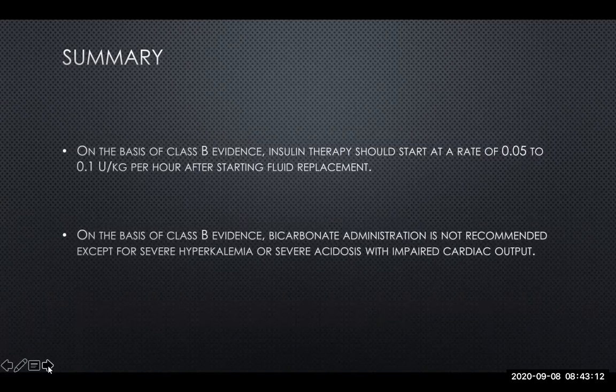In Class B, insulin therapy should start at a rate of 0.05 to 0.1 unit per kilo per hour after starting the fluid replacement. Also on the basis of Class B evidence, bicarbonate administration is not recommended, except for severe hyperkalemia or severe acidosis with impaired cardiac output.